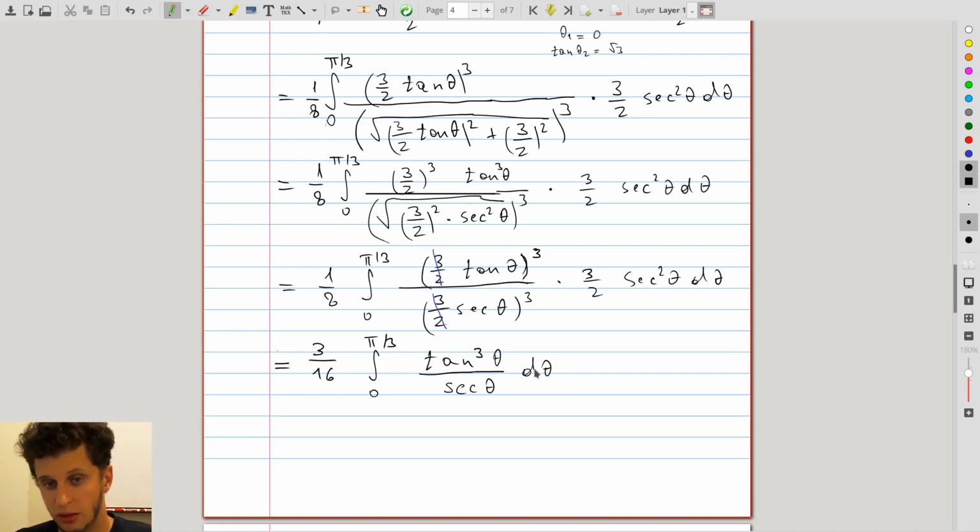It's a trig integral, so we know what to do. In order to be able to evaluate it easier, we have two options. This is an integral which involves a product of powers of tangent and secant, or we can transform it to a product of powers of sine and cosine.